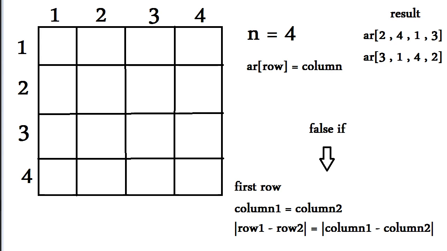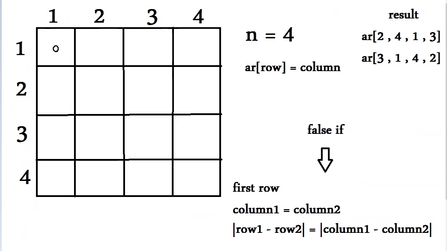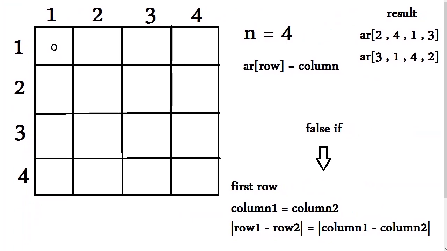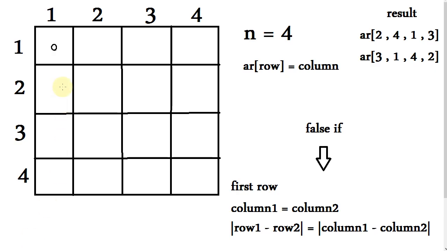This is the first approach where the queen is placed here. Existing column means the chosen queen column for the first row, and the attempted column is this one, where we are going to see if this is promising.